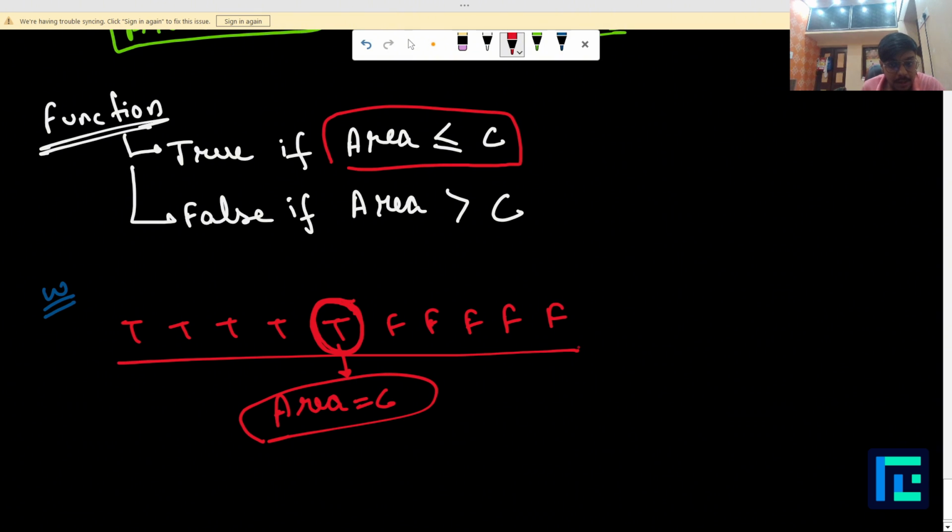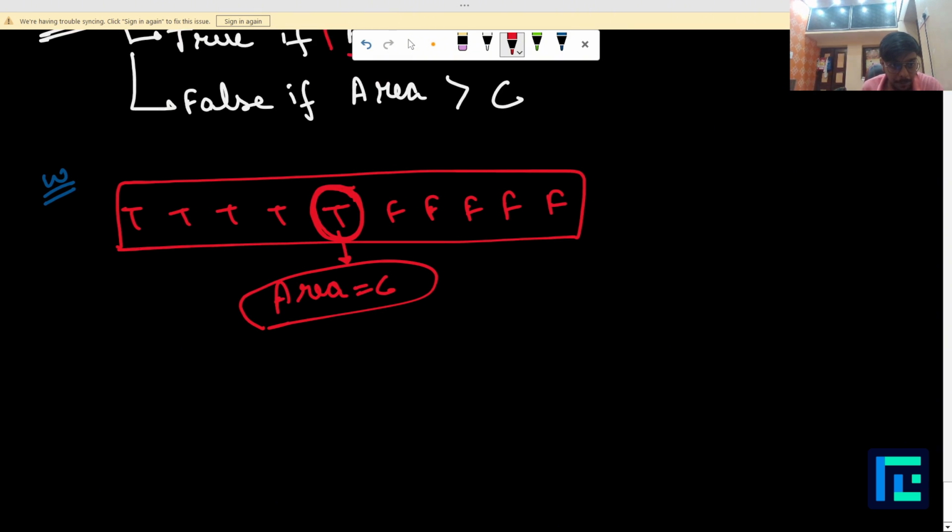And how can we solve questions like this, with monotonic or predicate functions? We can solve them using binary search on answer.